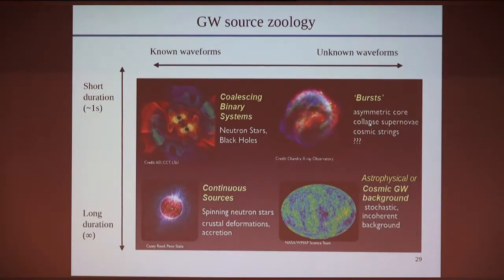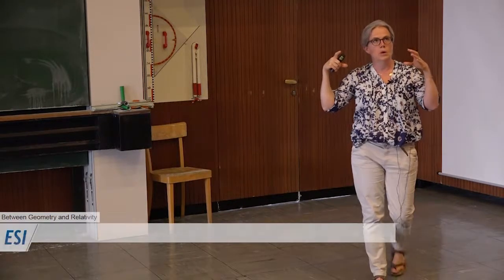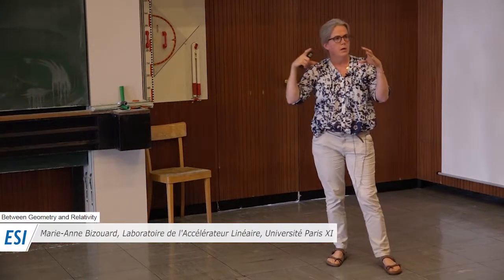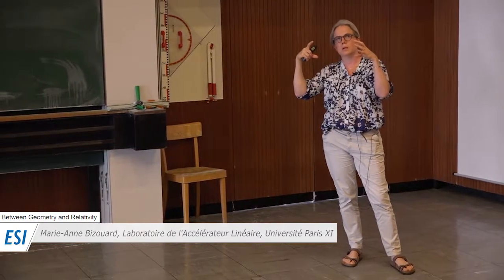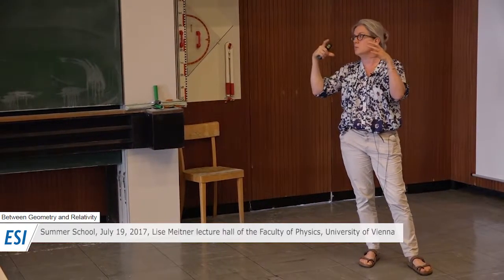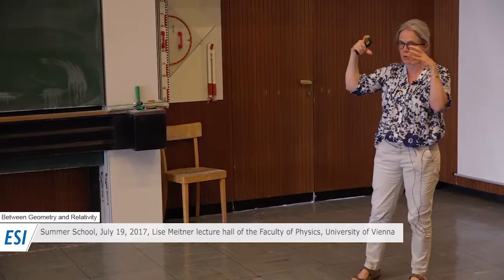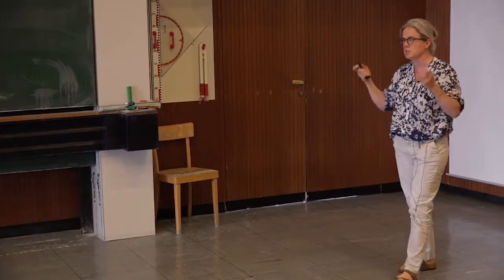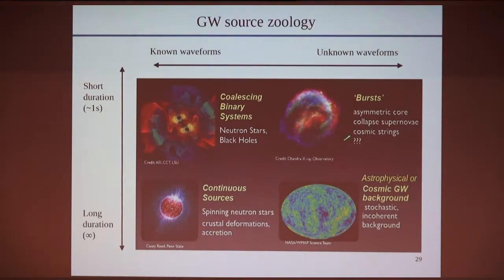Another source that was considered a long time ago are the gravitational waves emitted when you have a heavy star. At the end of its life, the core will not be able to sustain the gravity, and the core should collapse, and that should emit some gravitational waves. Those sources are quite short normally.